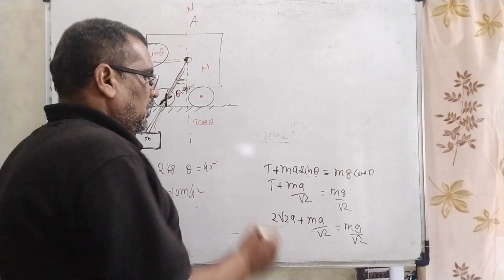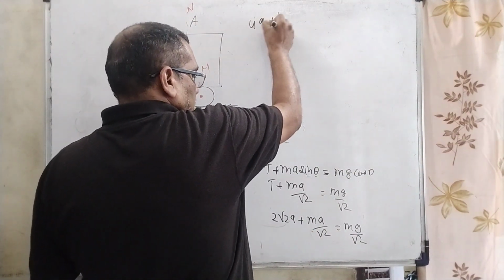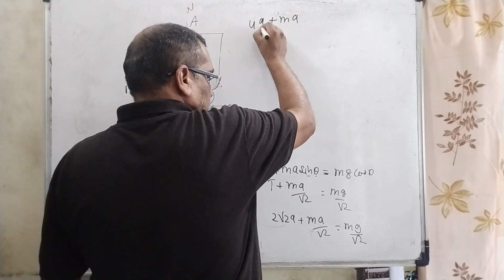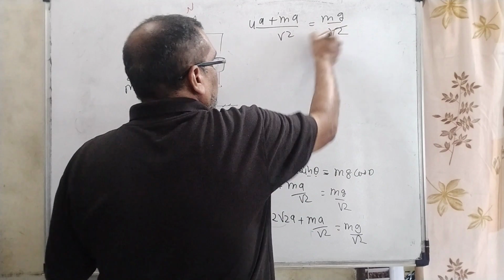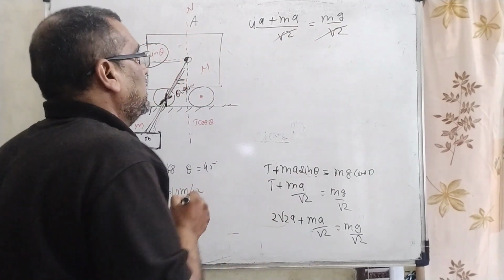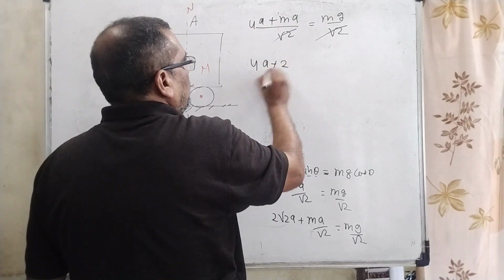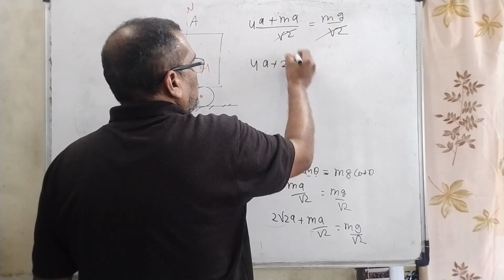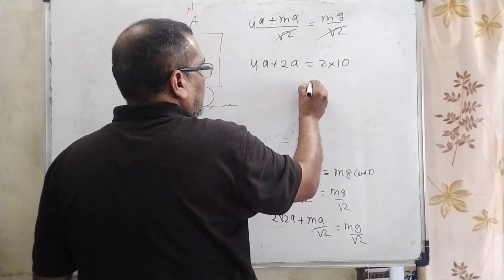Now solving, root 2 times 2 root 2 a is 4a, plus ma by root 2 equals mg by root 2. Root 2 cancels. Here m is given, that is 2 kilograms, so 2a, and here 2 into g, g is given as 10, that is 20.